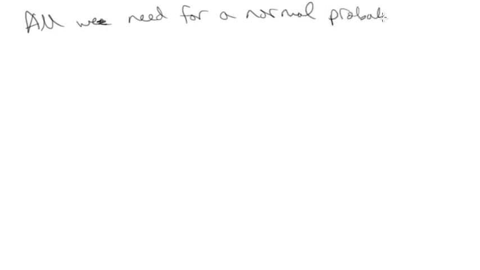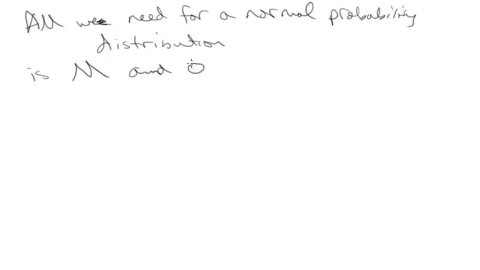So in order to use our calculator, we do need mu and sigma, but that's all we need. All we need for a normal probability distribution is the mean, mu, and sigma, the standard deviation.